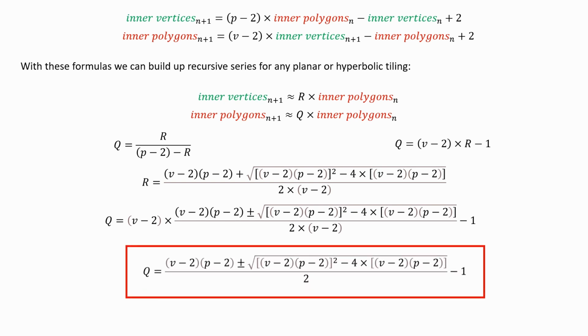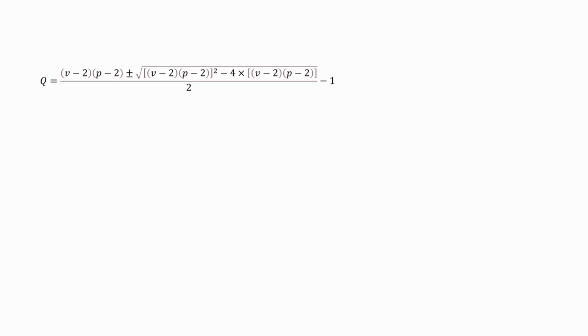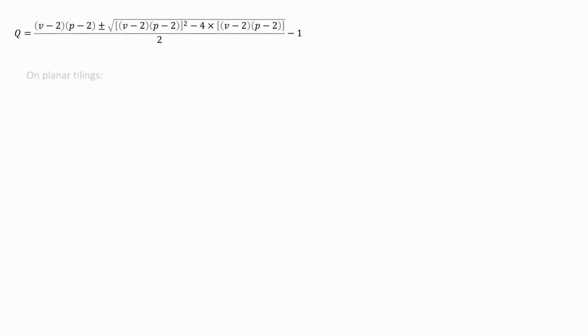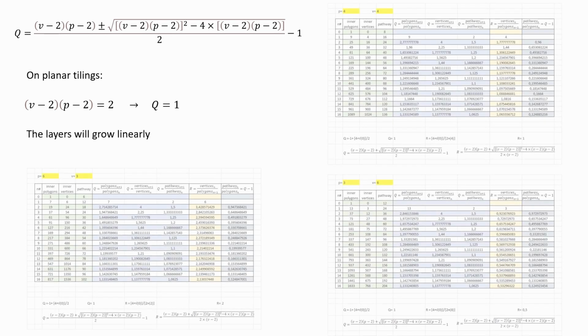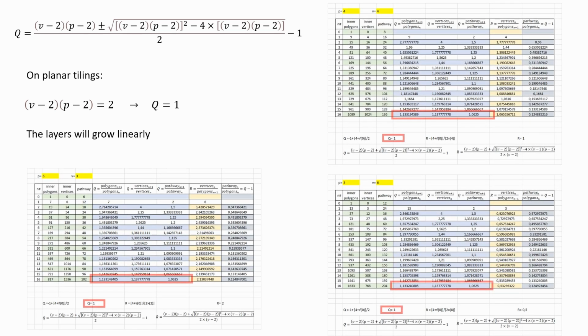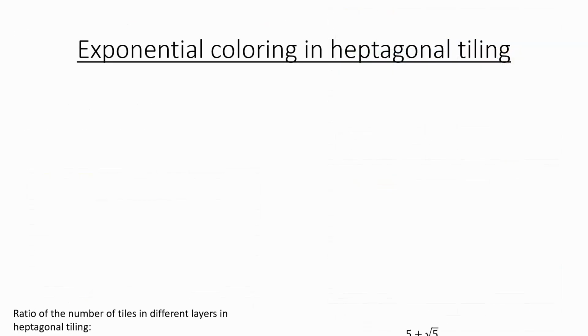For Euclidean tilings, Q is exactly 1 because of linear growth. For heptagonal tilings, the ratio between the layers will be the square of the golden ratio.